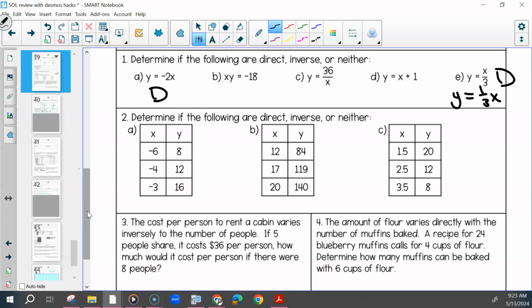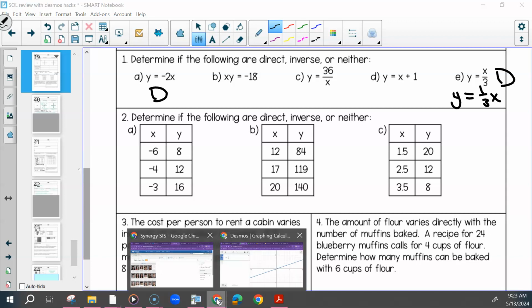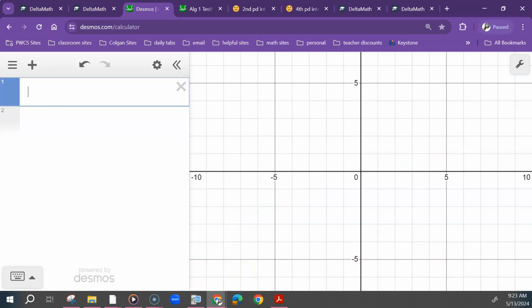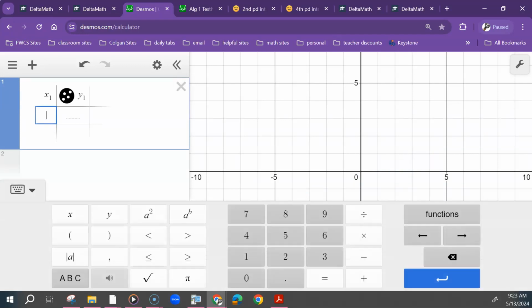So I'll put this one into Desmos first, by adding in the table and putting those 6 numbers in.